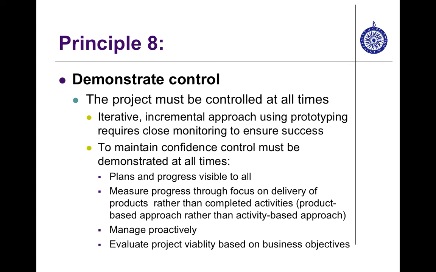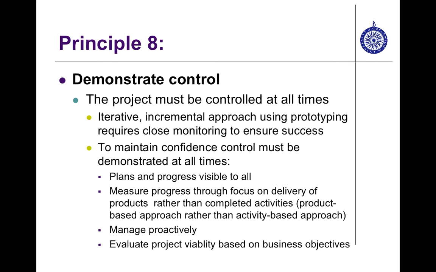So we will measure the progress of the whole project based on the number of products completed, not based on the activities completed. Understand? And manage proactively, evaluating project viability based on business objectives. That means we will evaluate the project based on the business objectives.